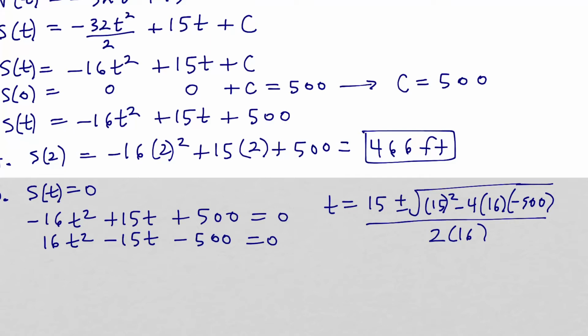If I run that through my calculator, I end up getting that t is equal to either 6.07854 or negative 5.60979.